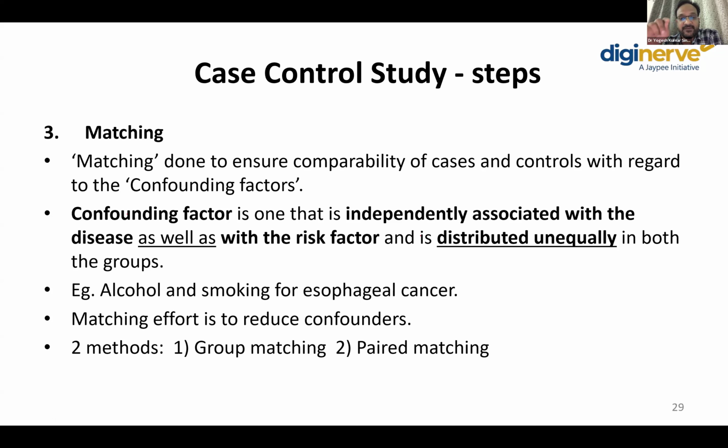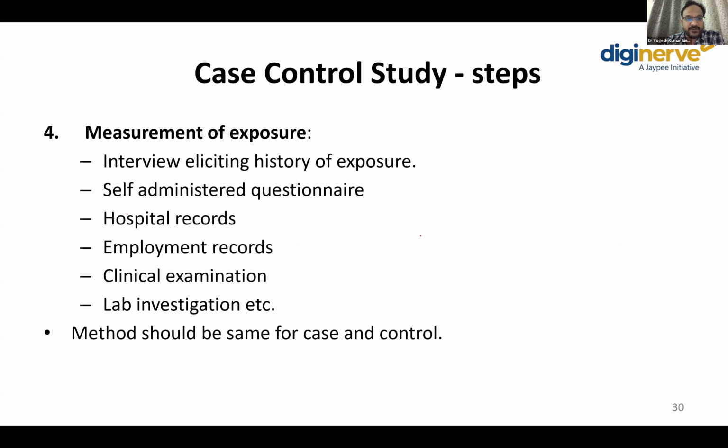If we do not nullify a single effect, for example, if we are doing a study in smokers for esophageal cancer, we have to exclude the alcoholics from that study. Otherwise, our result will be affected. We can do it by matching. We have to check for each factor whether it is present or not.